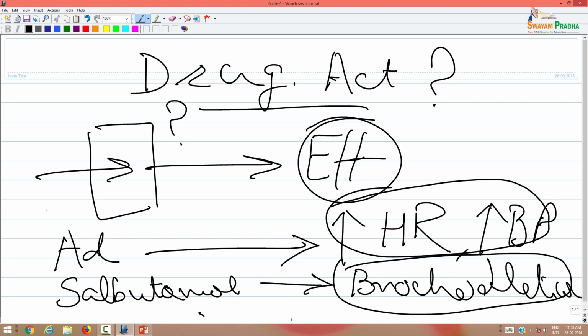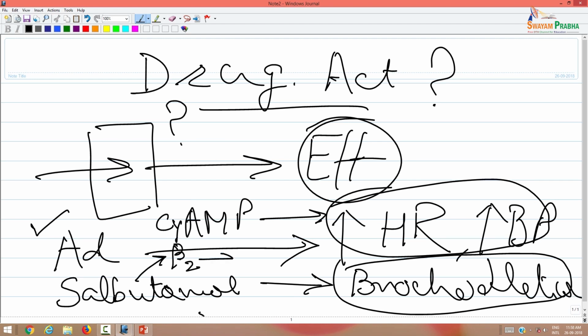If you are giving adrenaline, it is causing a stimulation of cyclic AMP, and this cyclic AMP is causing an increase in heart rate. Salbutamol is stimulating the beta 2 receptor, and this beta 2 receptor is increasing cyclic AMP, and this is causing bronchodilation.